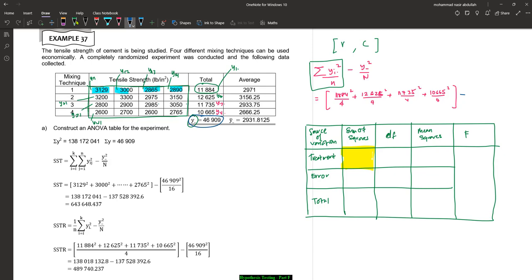Semua dalam ni ada 46,909 square divided by, berapa observation kita ada? 1, 2, 3, 4 multiply with 4, 16. Right? So the total here, you calculate, you should have 643,648.437.